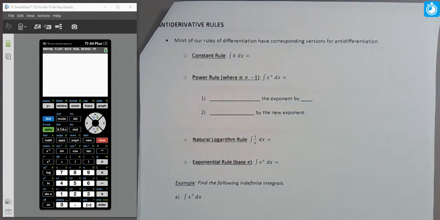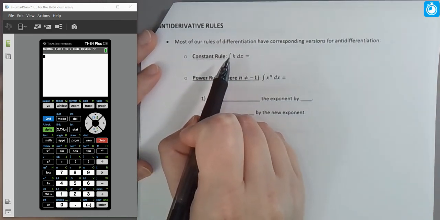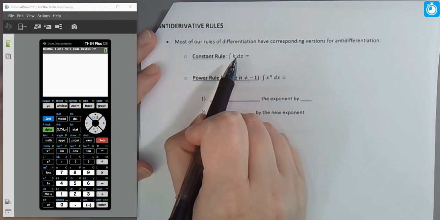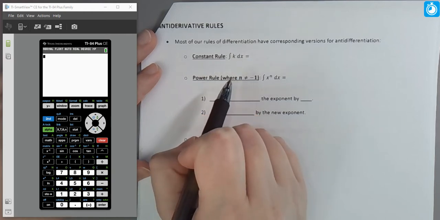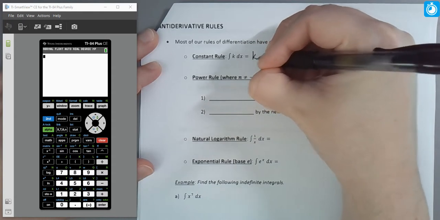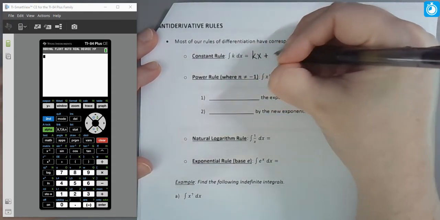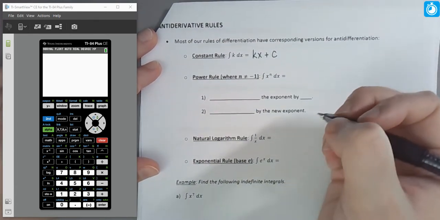So we have a constant differentiation rule. We have also a constant anti-differentiation rule. The constant rule says that if we're anti-differentiating a constant, k is a constant, with respect to our variable x, then the result is going to be k times x plus our constant of integration.